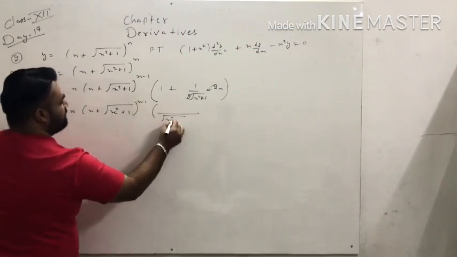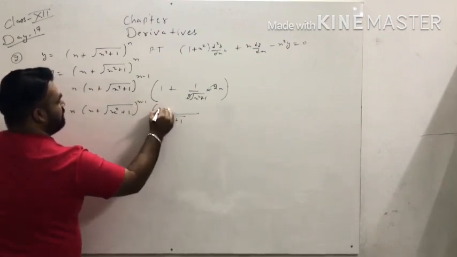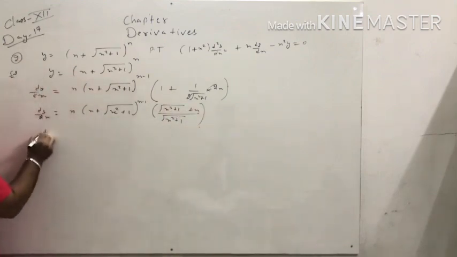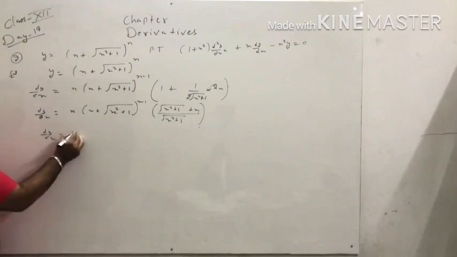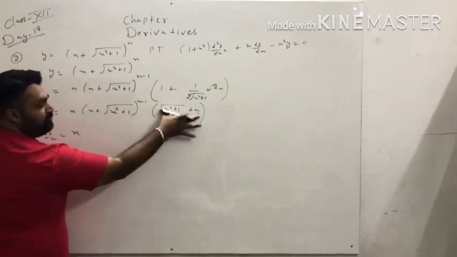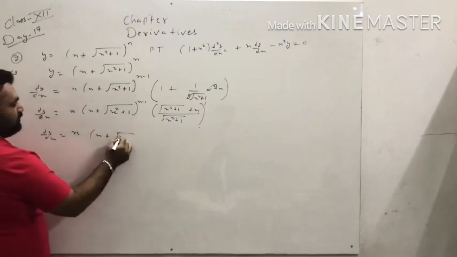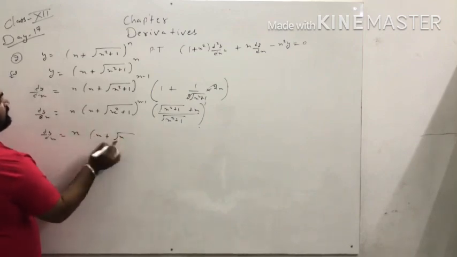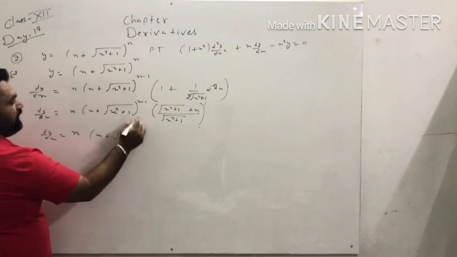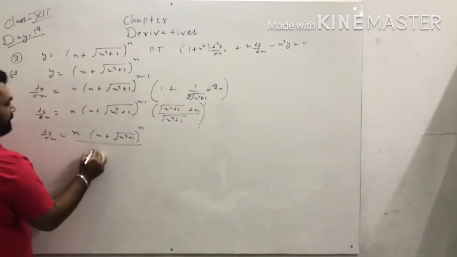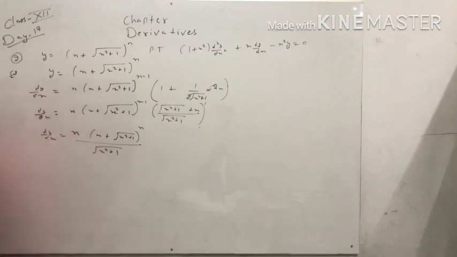Now we will take LCM. This becomes root x square plus 1 plus x. Now dy upon dx equals n. Now the base is same. We add the powers. So x plus root x square plus 1 raised to n minus 1 plus 1, it becomes n, upon root x square plus 1.